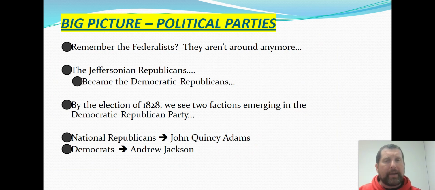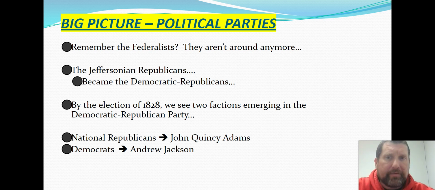Big picture, as you can imagine, with these divisions taking place, north, south, slavery, regional economies, what have you, political parties are forming and reforming, and essentially we're going to come up to a new set of political parties. The Federalists, you will recall, essentially just are not around anymore, right?